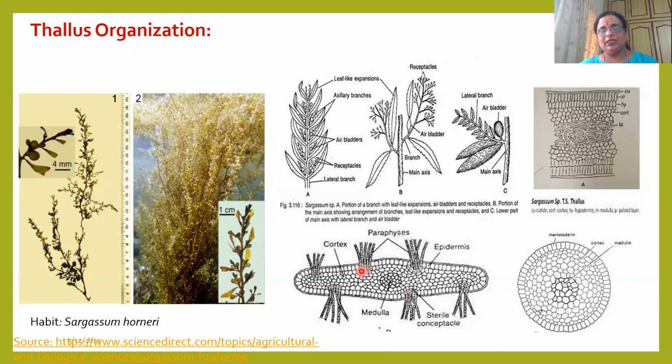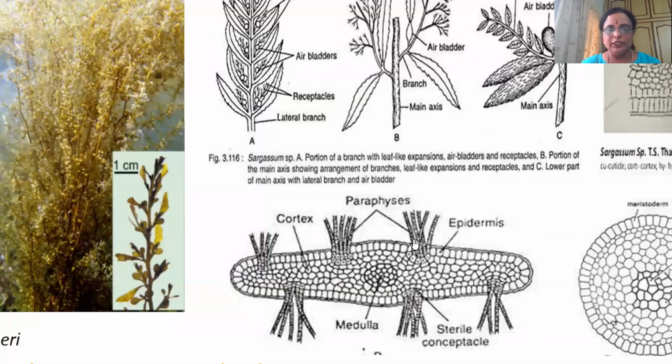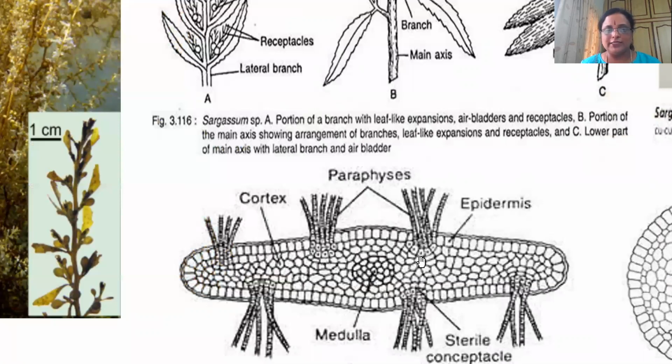These sterile conceptacles produce a sterile structure called paraphysis. See, they produce some hair-like structures called paraphysis. And these paraphysis arise from some of the meristematic cells. These are the meristematic cells. So these are certain flask-like structures called conceptacles.